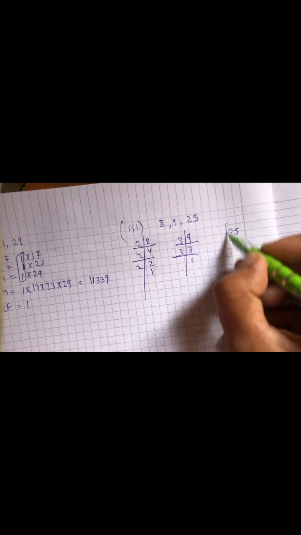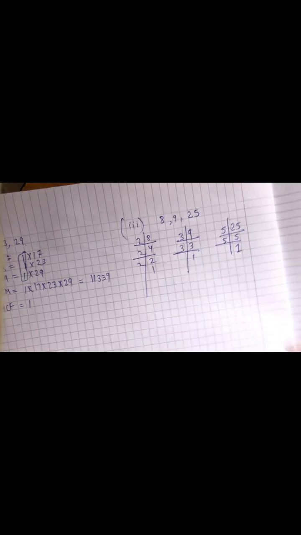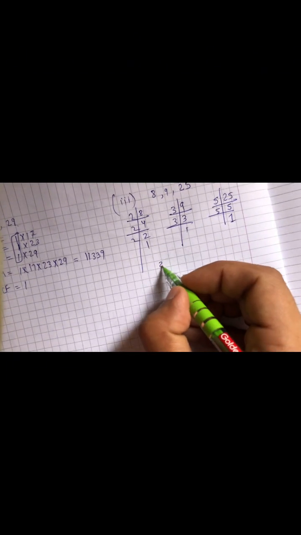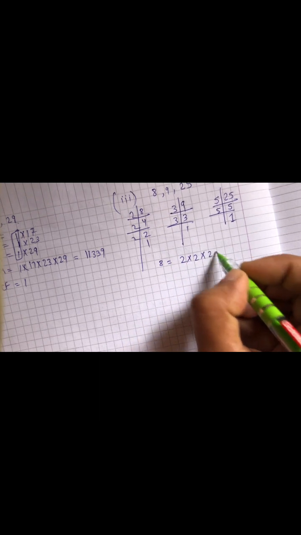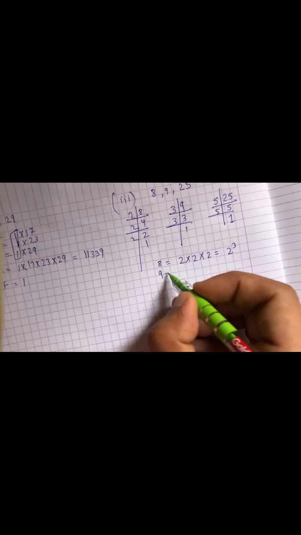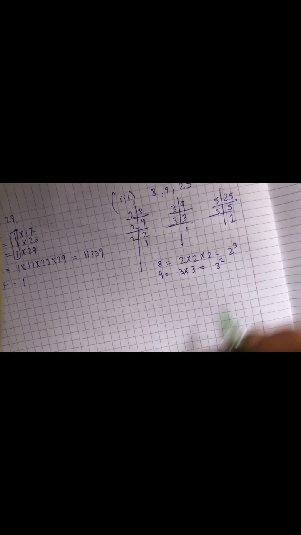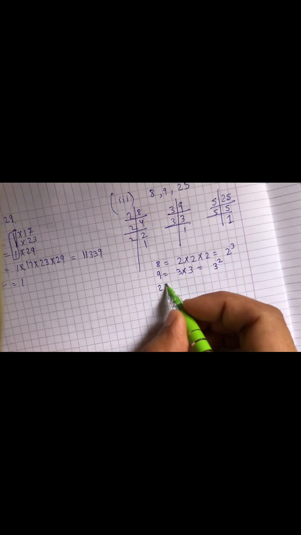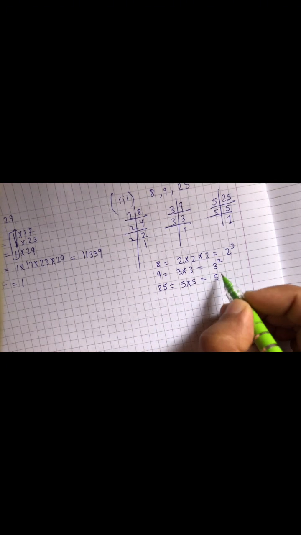Factors of 25: 5, 5, 1. So 8 is equal to 2 into 2 into 2, that is 2 power 3. 9 is equal to 3 into 3, that is 3 square. 25 is equal to 5 into 5, that is 5 square.